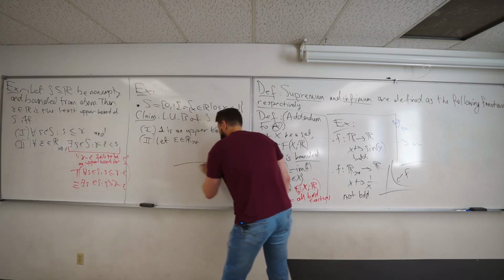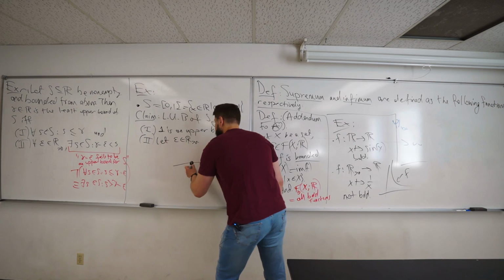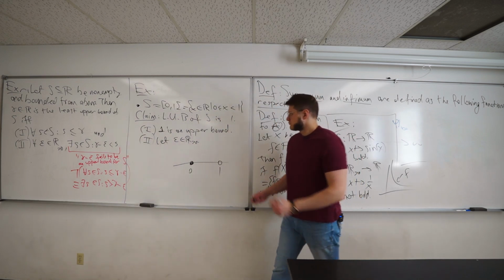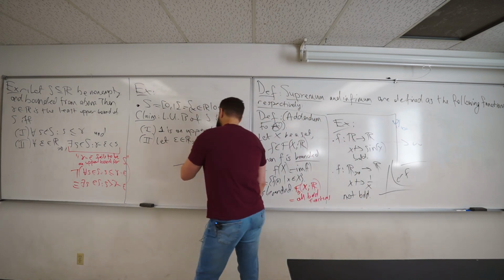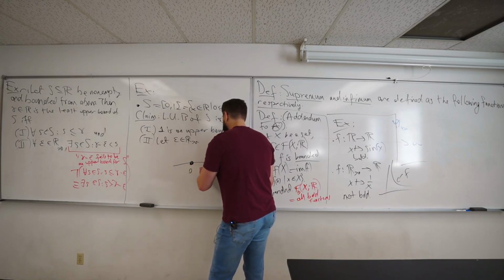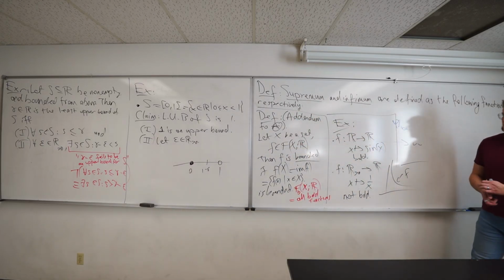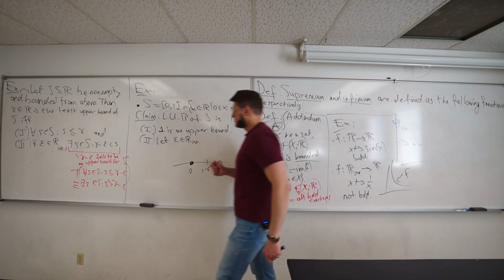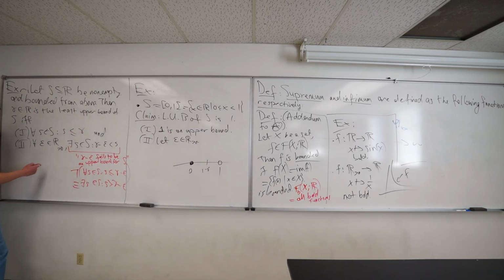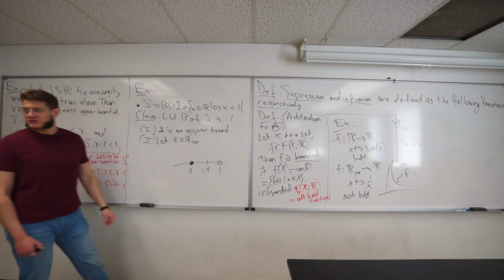Let's draw a picture. This is 0. This is 1. Well, I want to imagine 1 minus epsilon to be somewhere here. What I need is, well, one s in S. I need to be able to display some point here, in between these 2 points, ultimately.